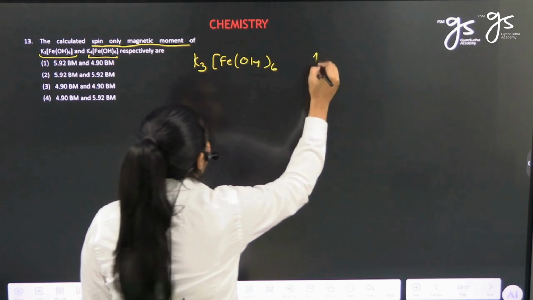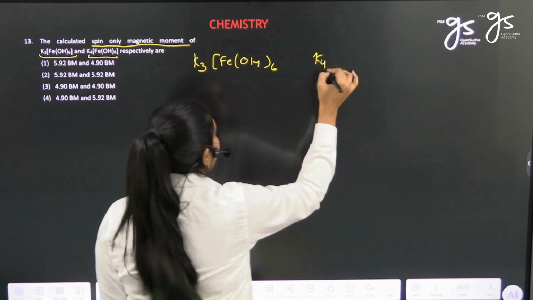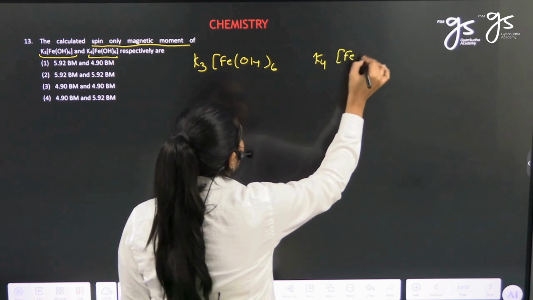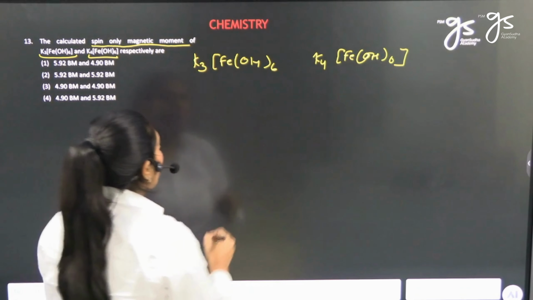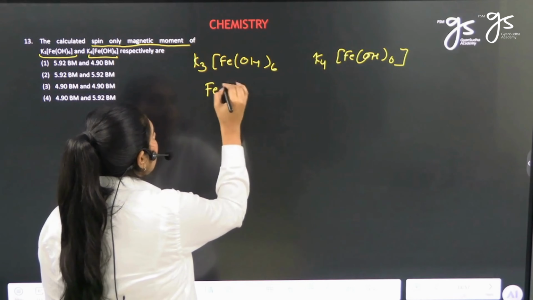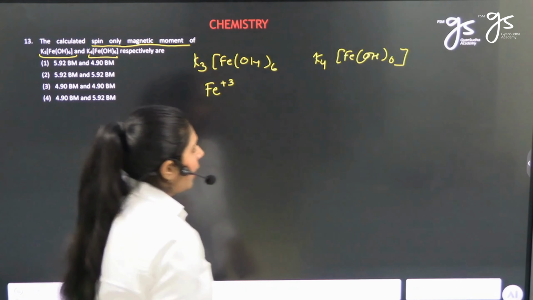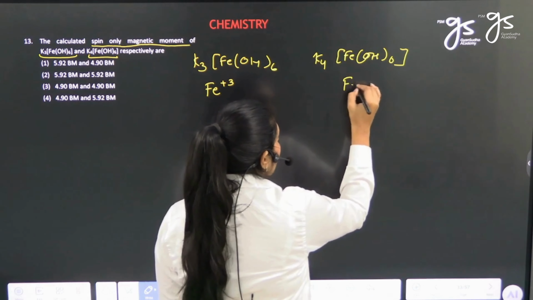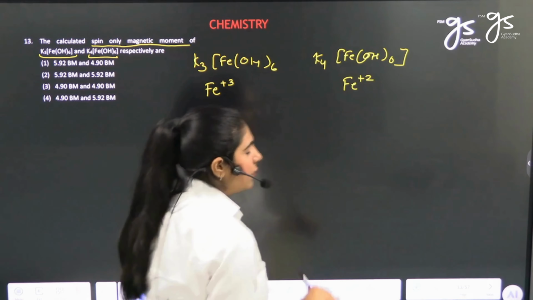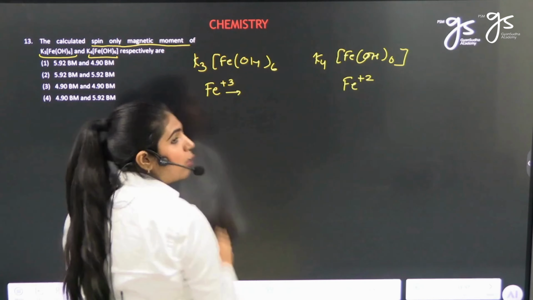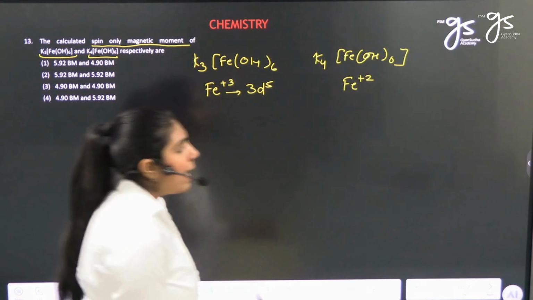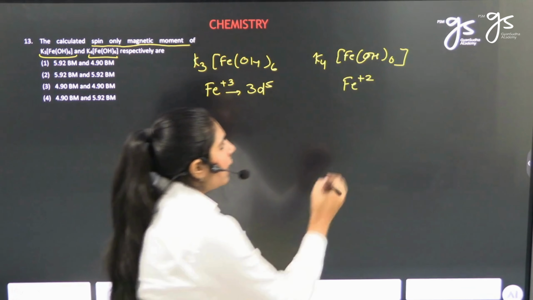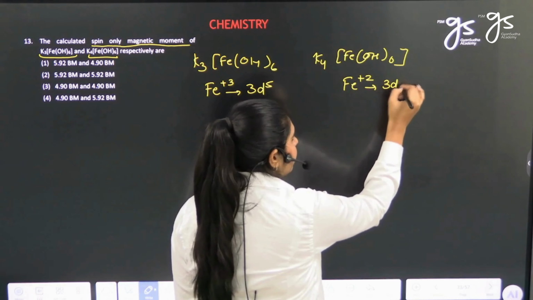K3[Fe(OH)6] and another compound is K4[Fe(OH)6], right? In this compound, iron is in +3 oxidation state, while in this compound iron is in +2 oxidation state. Due to this, their configuration will be 3d5, and while in this configuration it will be 3d6.